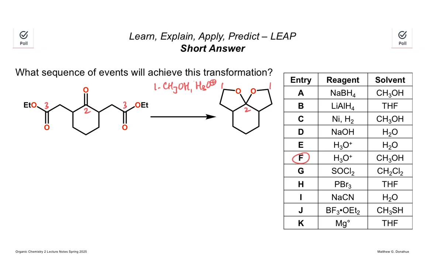All we're doing is changing that hybridization from sp2 to sp3, and then we're sprouting off 2 equivalents of methanol.